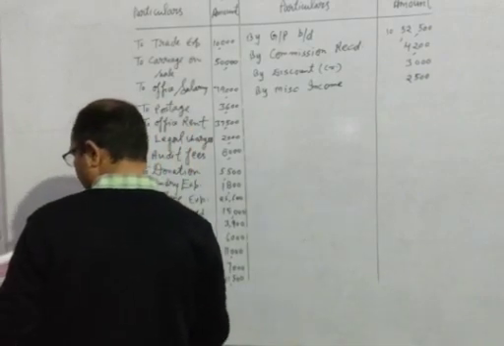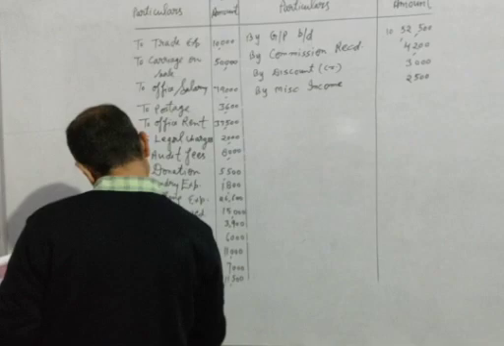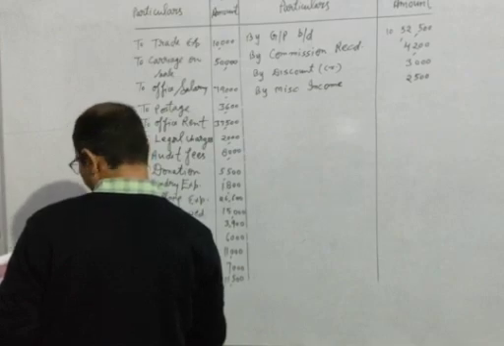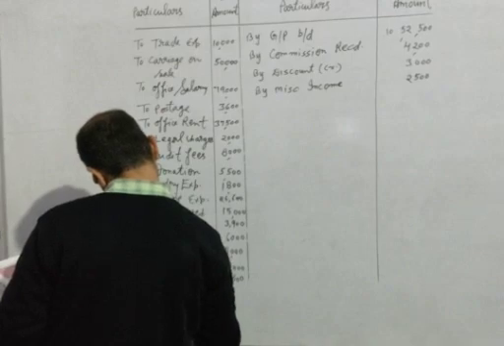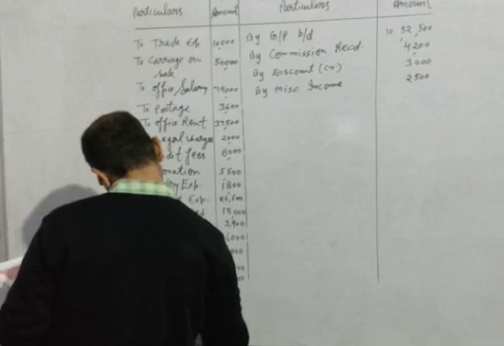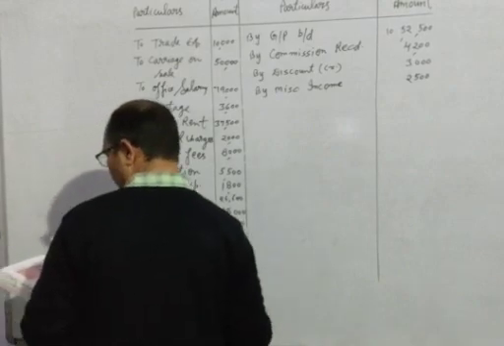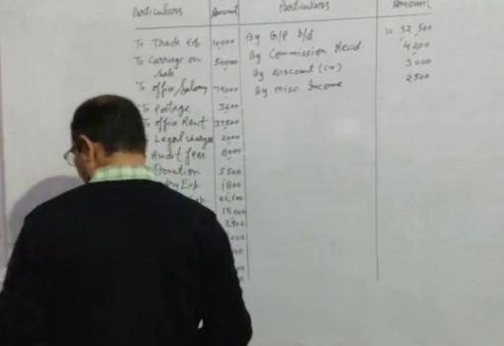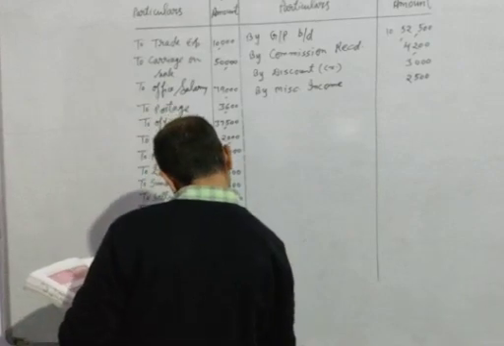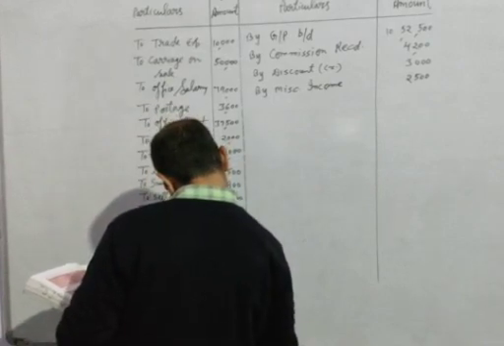Next is unproductive expense. All the productive expense will go in trading account, and all the unproductive expense will come in profit and loss. The amount is 20,500.